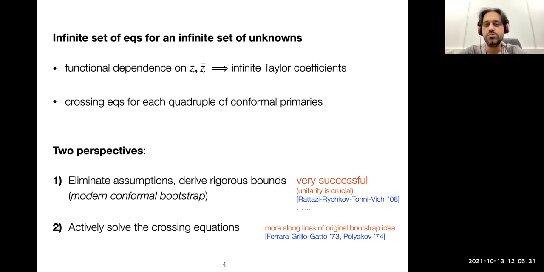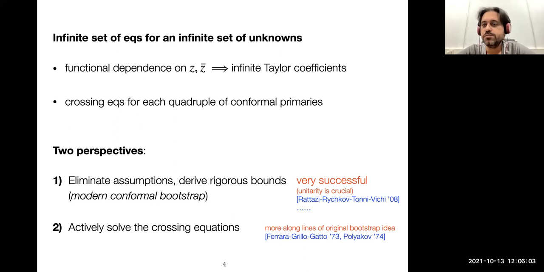This we usually do either by Taylor expanding around some point in the cross ratio space, or, something which is less frequently done but which I will explore here, by evaluating these equations numerically at different points of U and V. And of course, if we want to fully solve a conformal field theory for any quadruple of conformal primaries, for all the 4-point functions, you have to simultaneously solve all these crossing conditions.